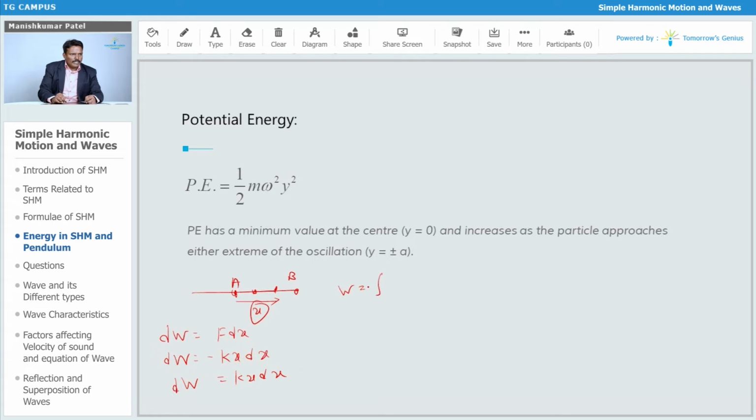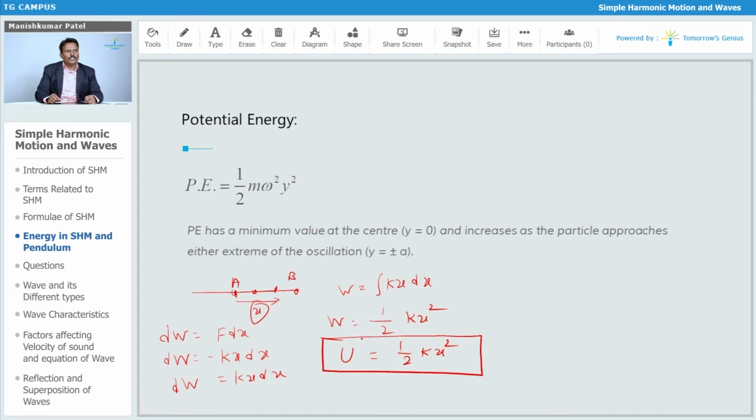So the total work done is the integration of kx dx. The work done is saved in the form of energy, so it is half kx square. This work done is saved in the form of potential energy, which is half kx square. This is how we can write the expression for the potential energy.